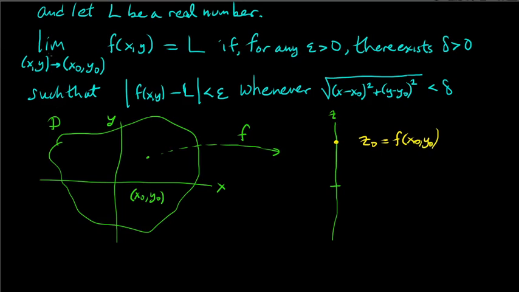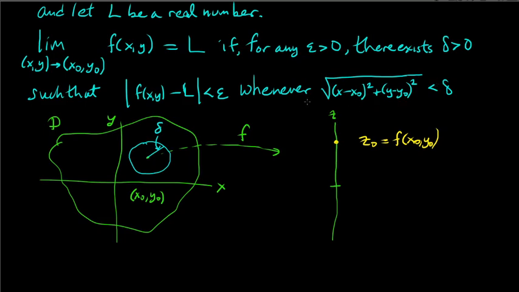So if I draw around this original point a small disk of radius, let's say delta. I know that's very small here, but this radius here is delta. So you can see why you get the square root of (x minus x0) squared plus (y minus y0) squared. That should remind you of a circle.